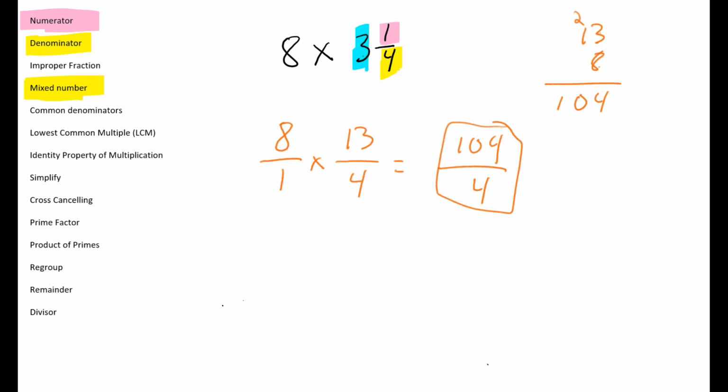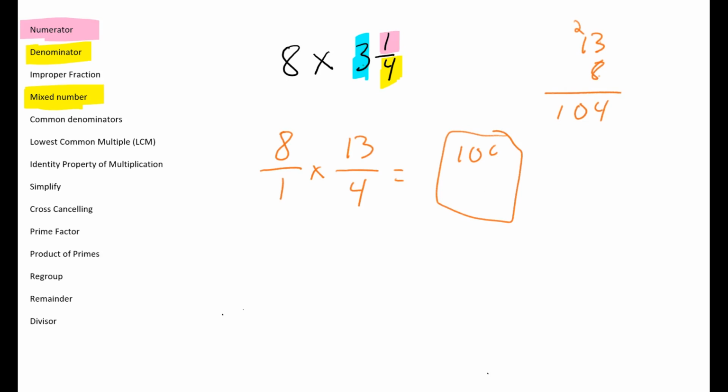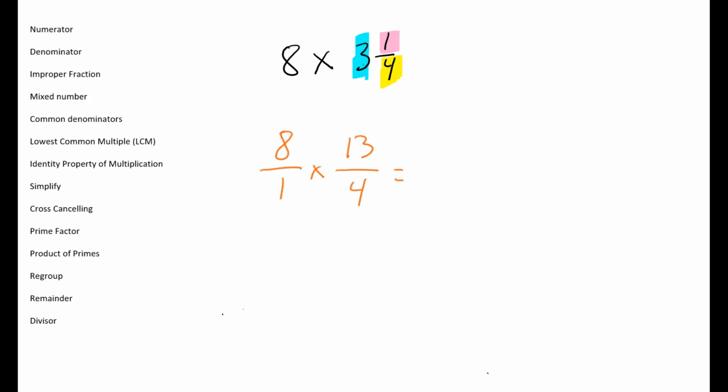What I can do instead is erase this, because that's not the most efficient way to do it. Let's cross cancel first. I know that 1 is prime and I know that 13 is prime. But I know that 8 and 4 are both composite numbers, which means they're not prime.